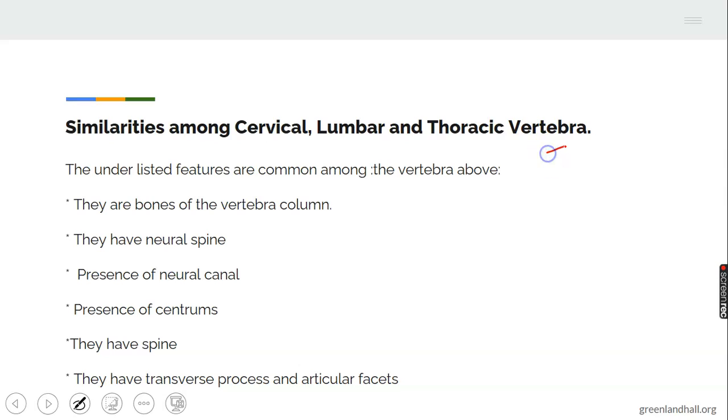They are all bones of the vertebral column. They have neural spine. In one, it may be short, in one it may be long, in one it may be reduced. All we know is that the three bones have what we call neural spine, irrespective of the size.